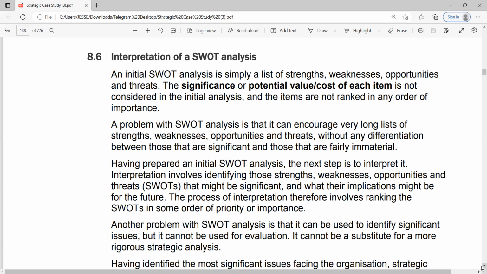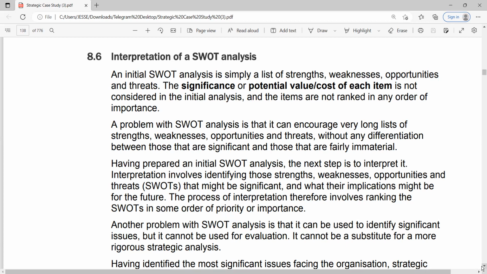After you've done your SWOT analysis, the next step is to interpret it. So what do we mean by interpreting? When we are interpreting the SWOT analysis, we are trying to identify those strengths, weaknesses, opportunities, and threats that might be significant, and what their implications for the future might be.